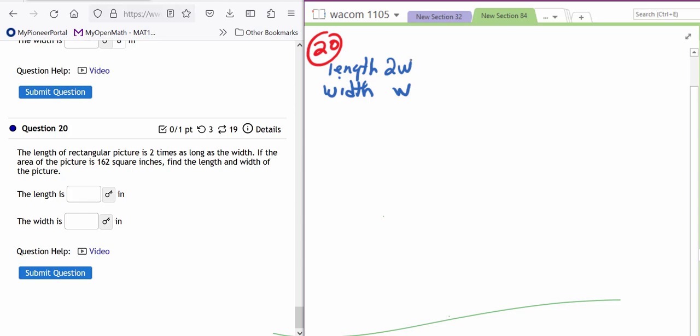Now you'll use the formula for area. Area equals length times width, that is for a rectangle. And so we have 2W times W, and that is 2W squared.